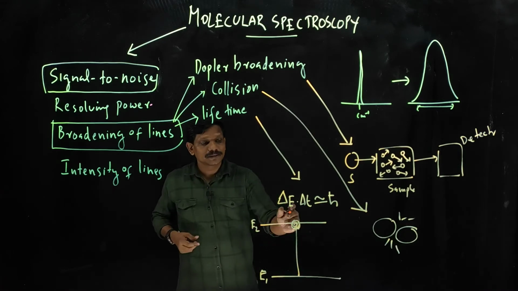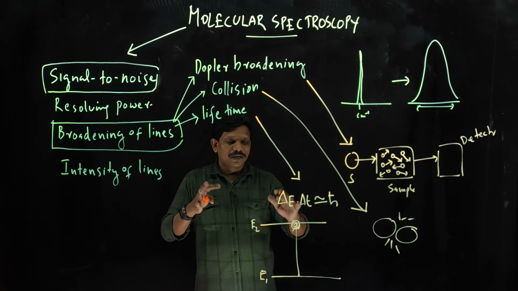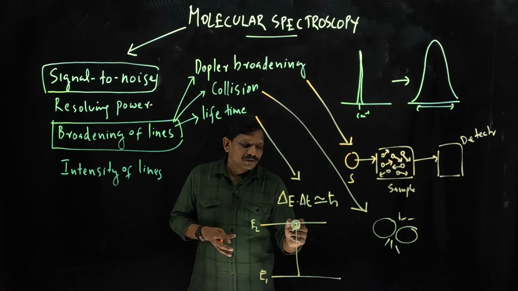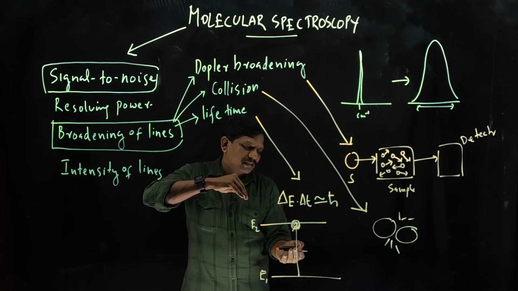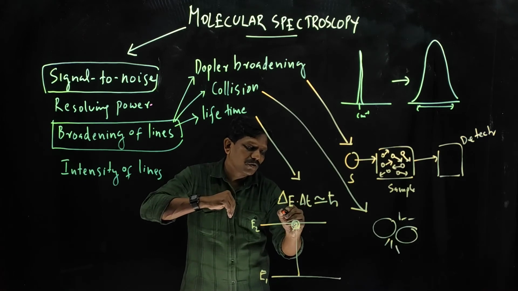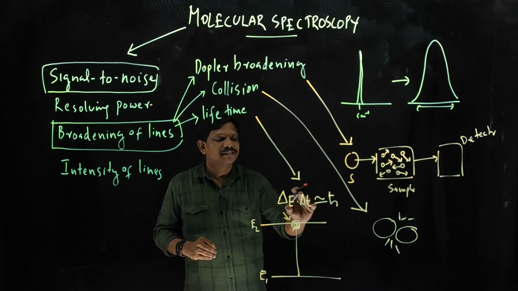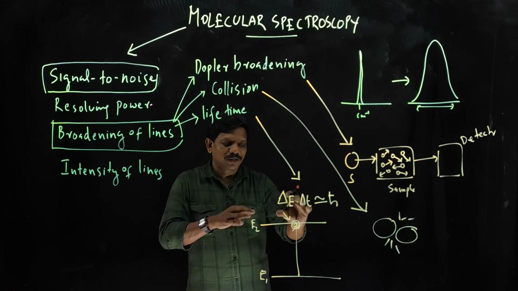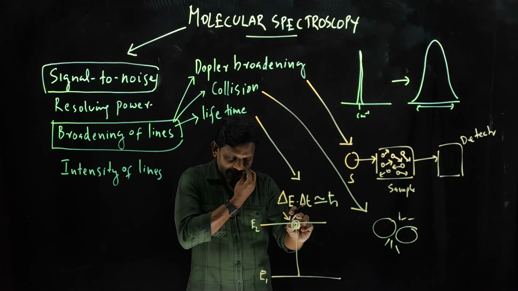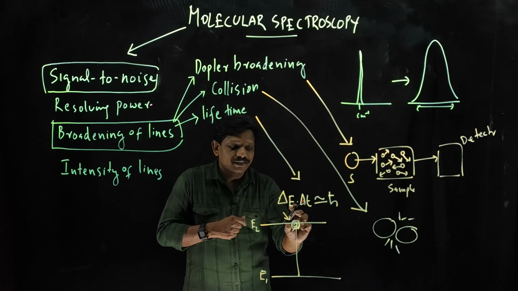I told you that this is a very unstable state. It will come back. So this is very important, how long a molecule is sitting in this position. That is the time. How long a molecule is existing in this excited state.